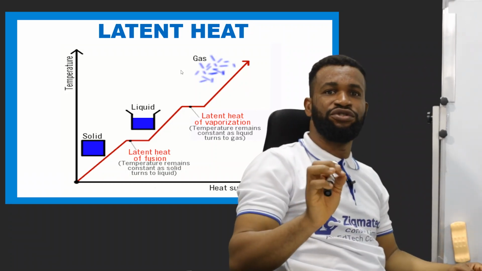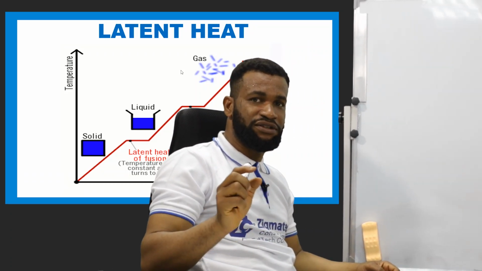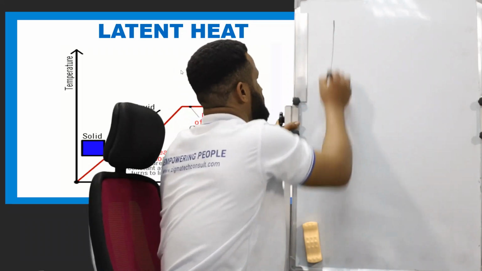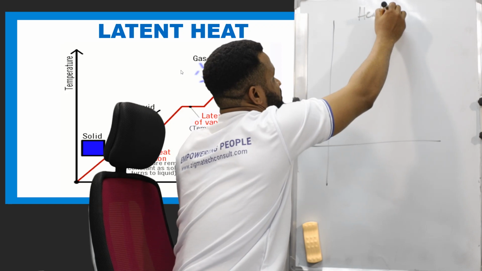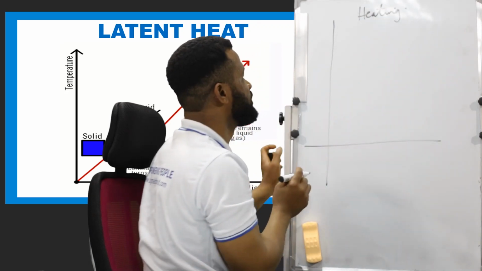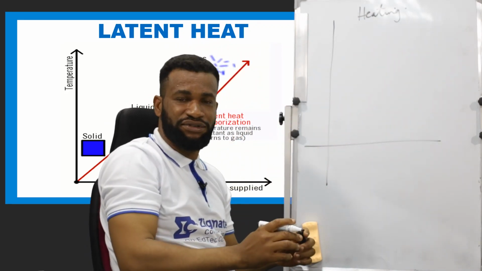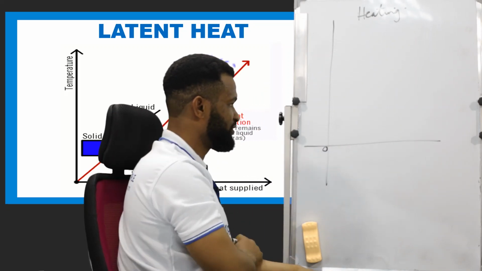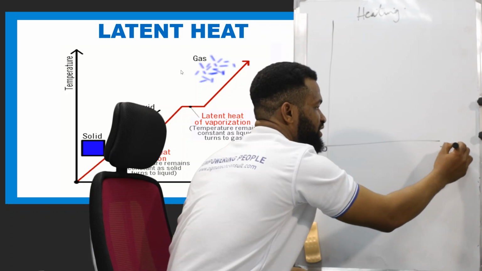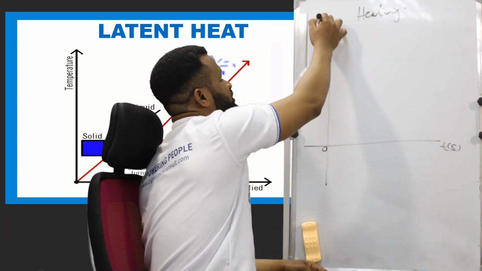Now, I am going to use water, for example. Let's assume we have this. I'm talking about heating. When you are heating a body, what happens? Let's assume that this is 0 degrees Celsius. And let me use time and temperature.